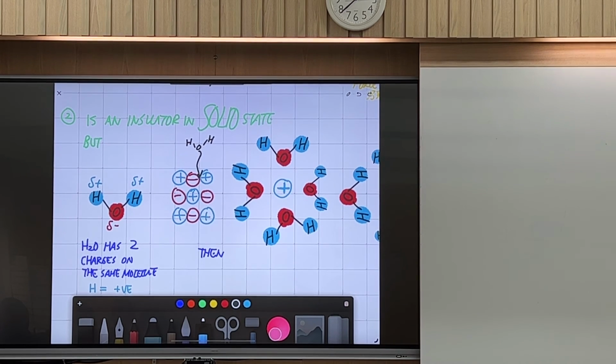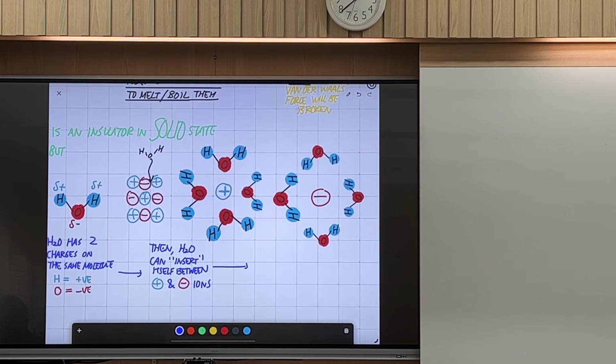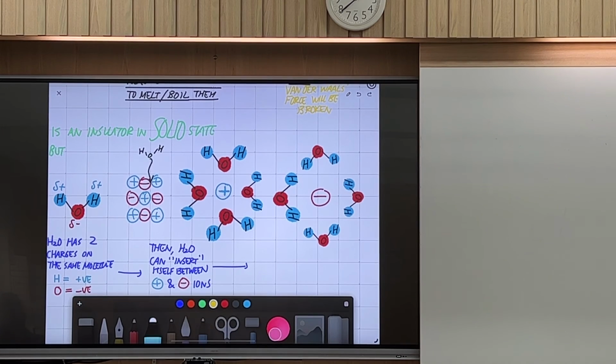This is how it works. So just put down that H2O can insert itself between the positive and negatively charged ions. Then it will form attraction with the ions instead, effectively breaking the ionic bond. So these are attractions. Originally, these are the attractions, but now you're breaking these attractions.